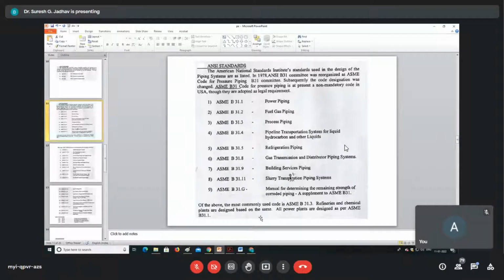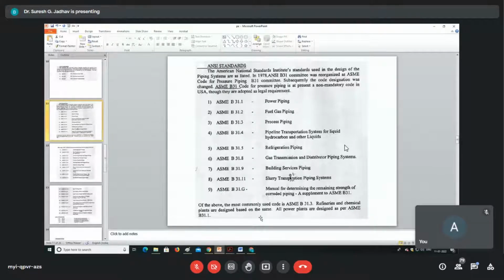Now, the next standards are the ANSI standards. Here we can go for these standards, considering the American National Standards Institute, used in the design of piping systems. In 1978, they developed ANSI B31. Then we refer to the ASME code for pressure piping engineering, that is B31.